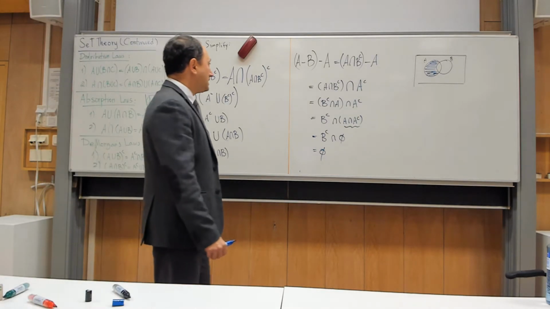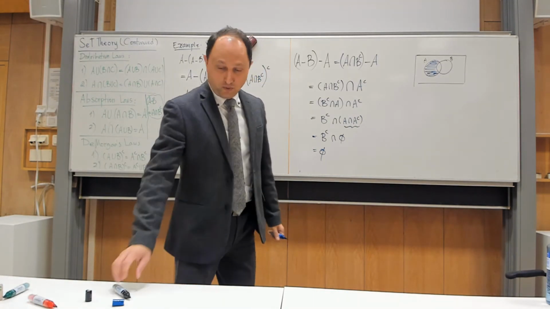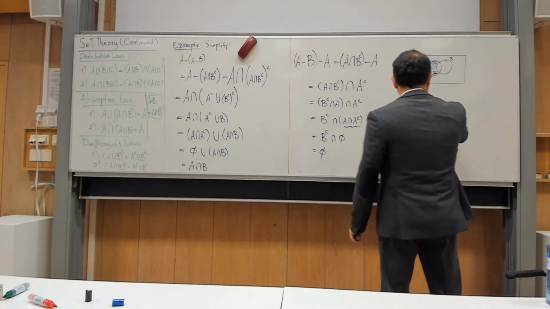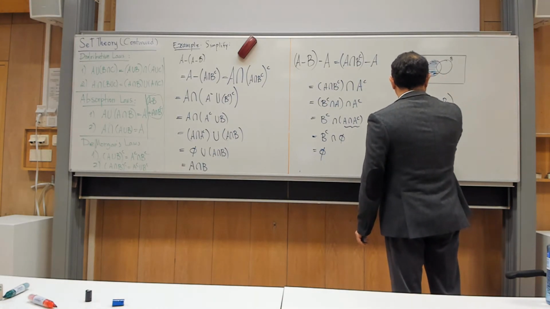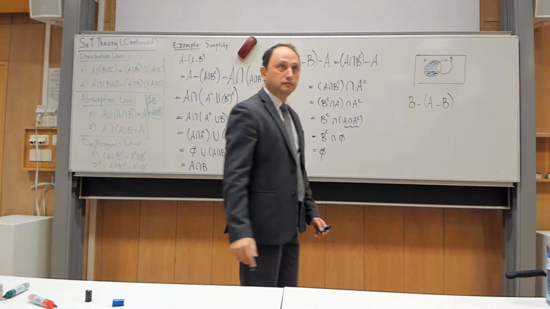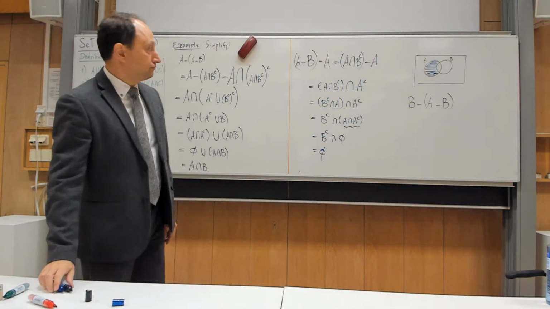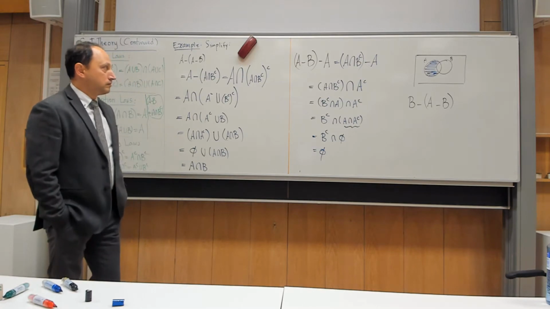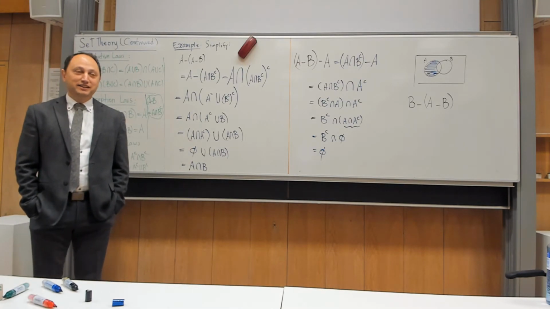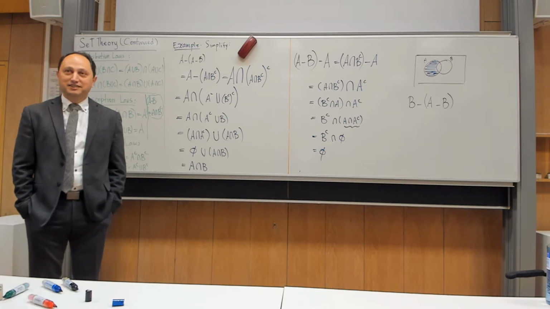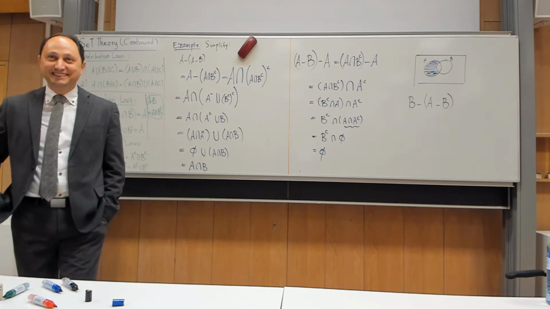Now, let me ask you this one. What is your intuition about this? What do you think about this one? Answer me quickly. What happens if they are numbers? Please answer this correctly, okay?